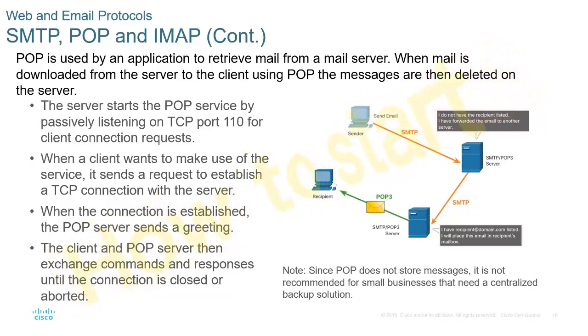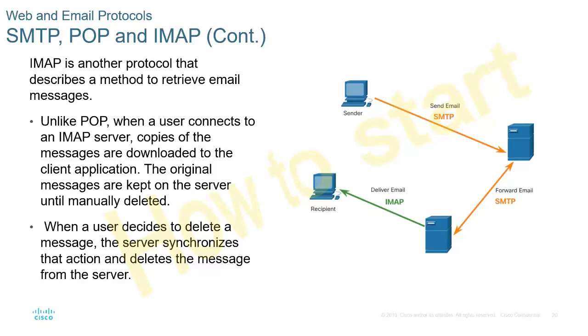It is not recommended for small businesses at all. The appropriate message would be IMAP. IMAP is going to be the main protocol. Here, I know it doesn't quite say mail delivery, mail transfer agent, or whatnot, but these are going to be things that you need to know for the exam.